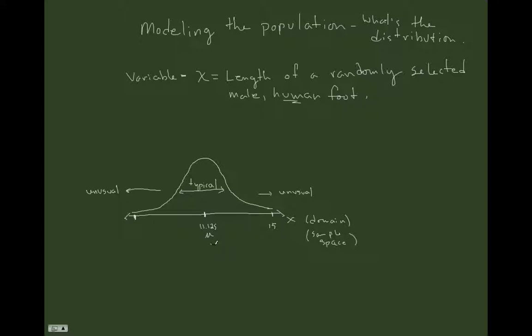Well, if we think about this distance from 11 and an eighth up to 15, that means this distance is about, what is that? That should be about 3 and 7/8. So this is about 3.875 units.